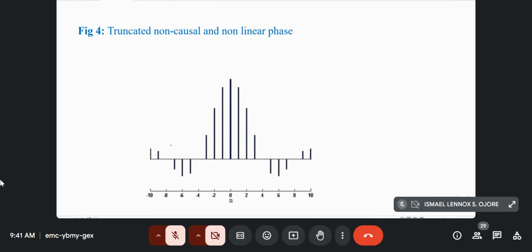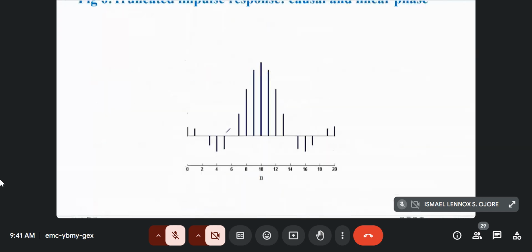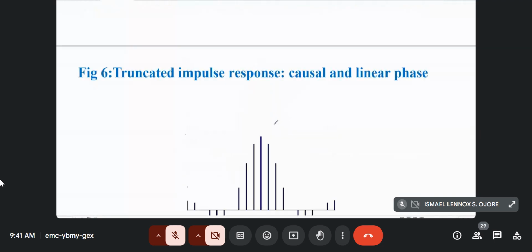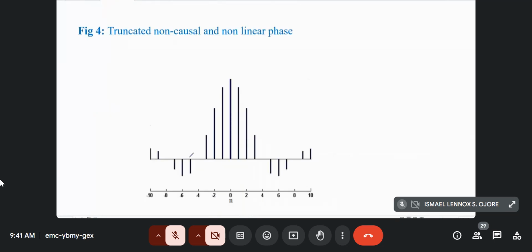So it's non-linear phase. Although actually this should have been linear because it is already in this form. It's non-causal, but linear, because it has got this symmetry.